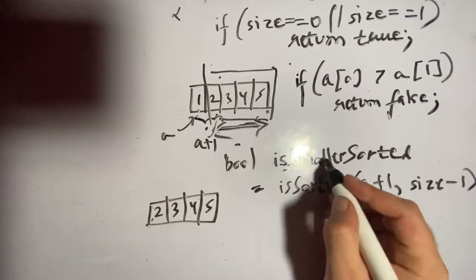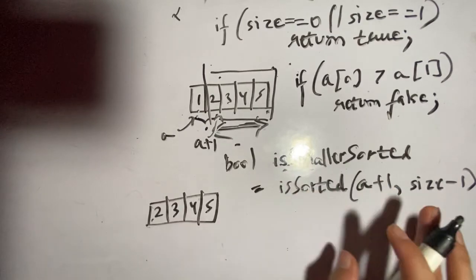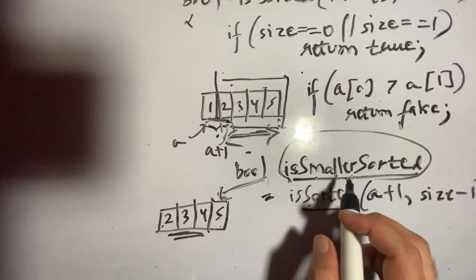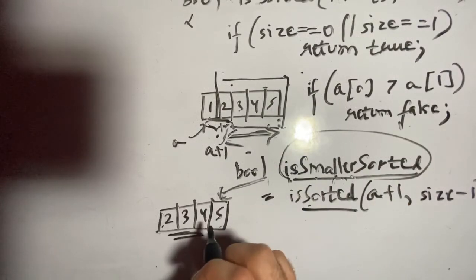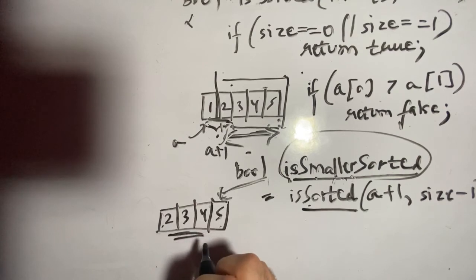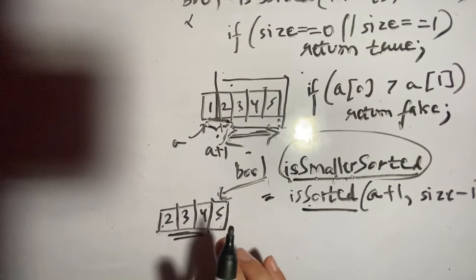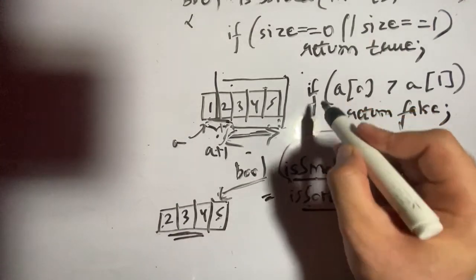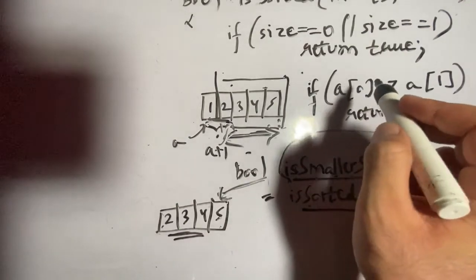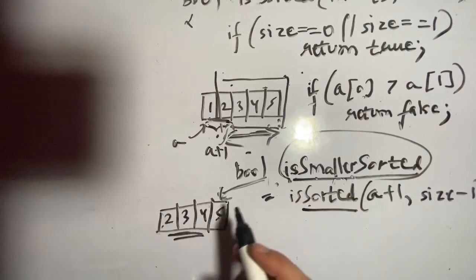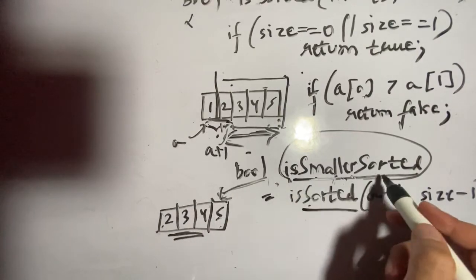This array is passed to recursion, and we'll get the correct answer in this. Because we trust recursion, we always trust recursion, we need not worry about the recursive part. So now the isSmallerSorted bool variable contains the answer for the rest of the array, apart from the first element, whether it is sorted or not. And we have checked this condition first. So if this is sorted and the rest of the array is also sorted, then the final answer is here.